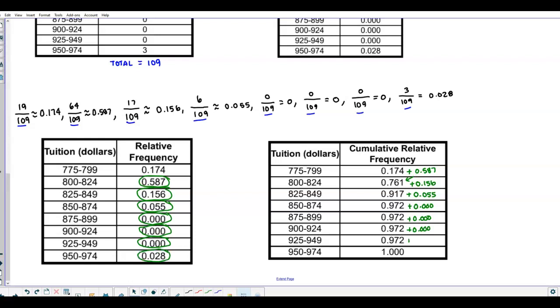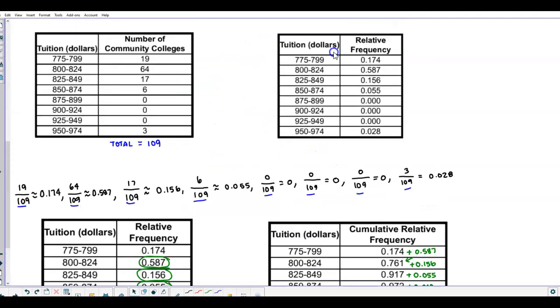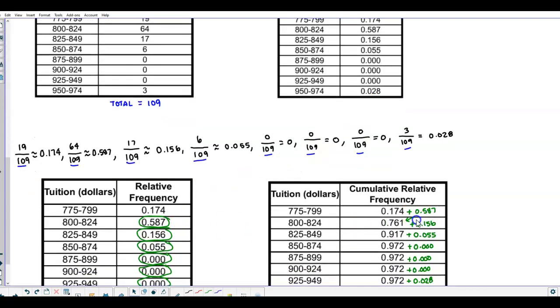And then we add 0.028 to 0.972 to get 1.00. So the key word is cumulative. Again, for the cumulative relative frequency distribution, you need to create a relative frequency and then add those numbers to the cumulative frequency.